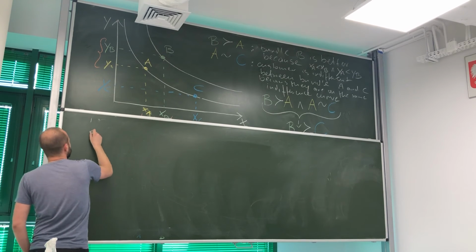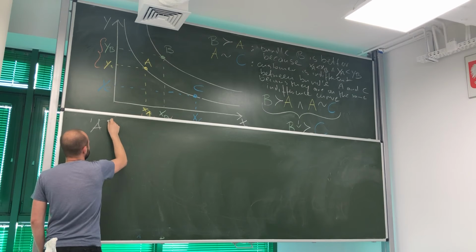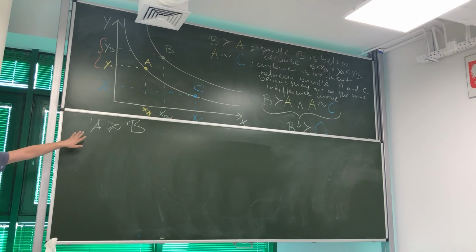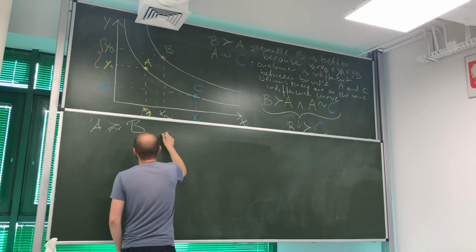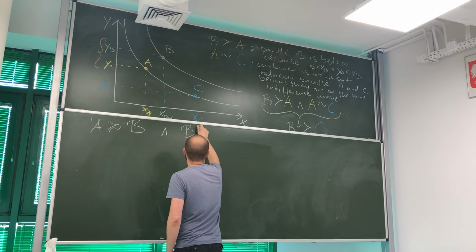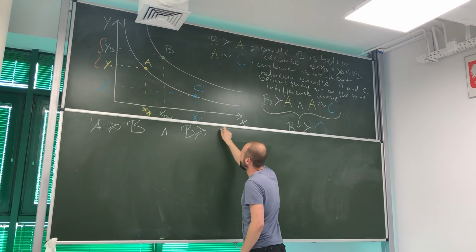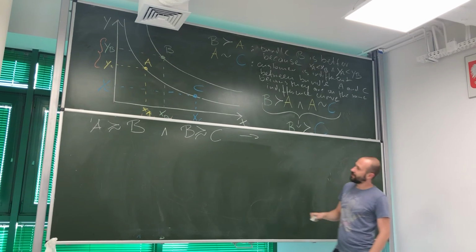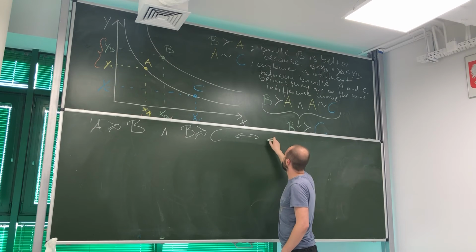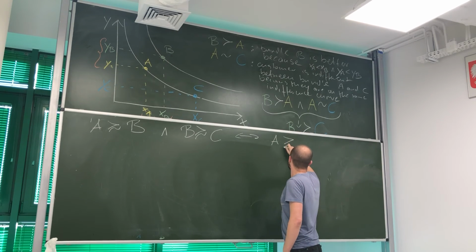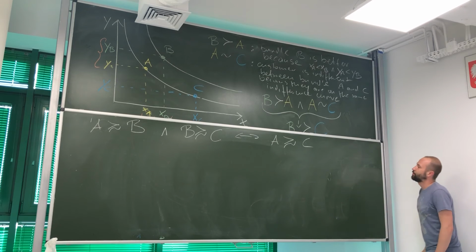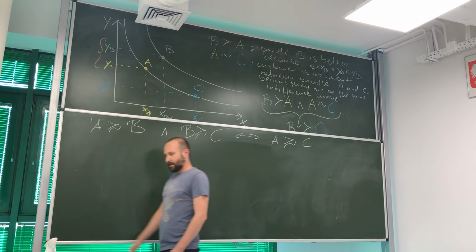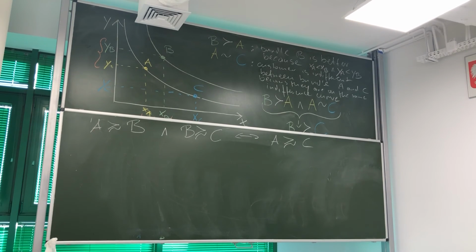It generally goes like this: if a customer prefers or is indifferent between A and B, and prefers or is indifferent between B and C, then we should expect, and this implies, that A should be preferred to or equal to C. Okay, and look, this makes perfect sense, right?